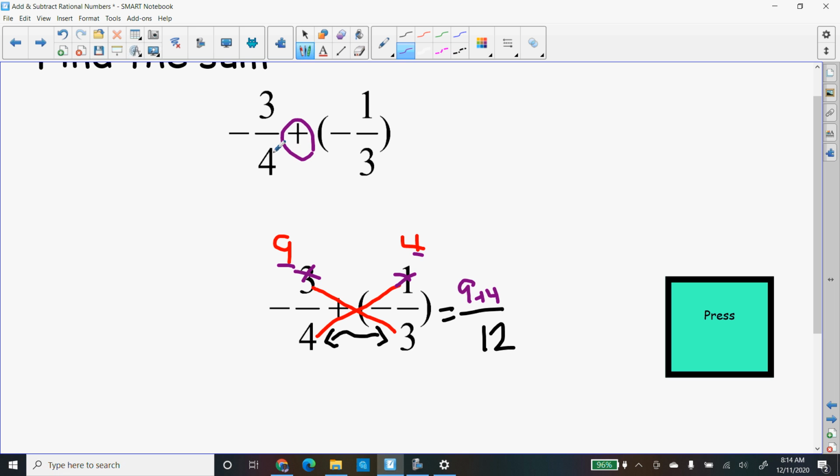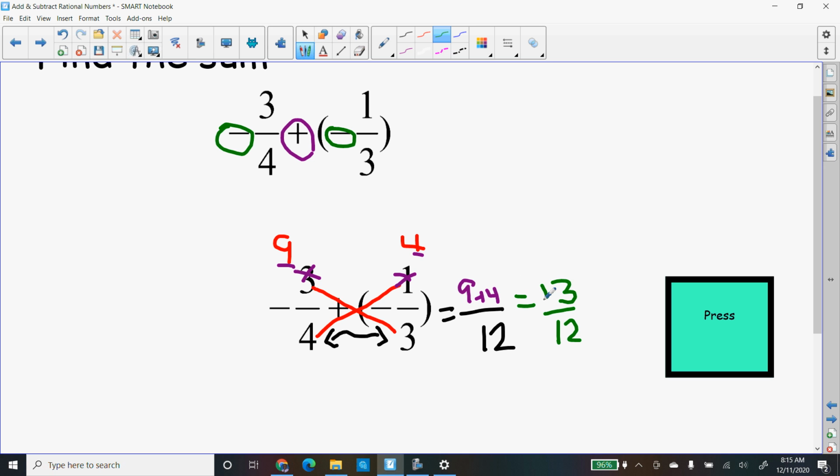But keep in mind, you're dealing with integers now, you're dealing with rational numbers that have signs. There's a negative sign here and a negative sign here. So you got to keep in mind your rules for adding integers in the ultimate. But let me just keep going. 9 plus 4 is going to give me 13. And my denominator is 12.